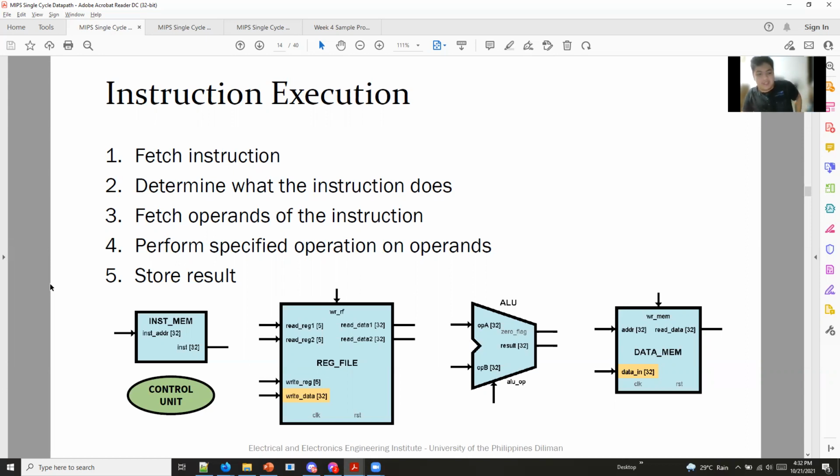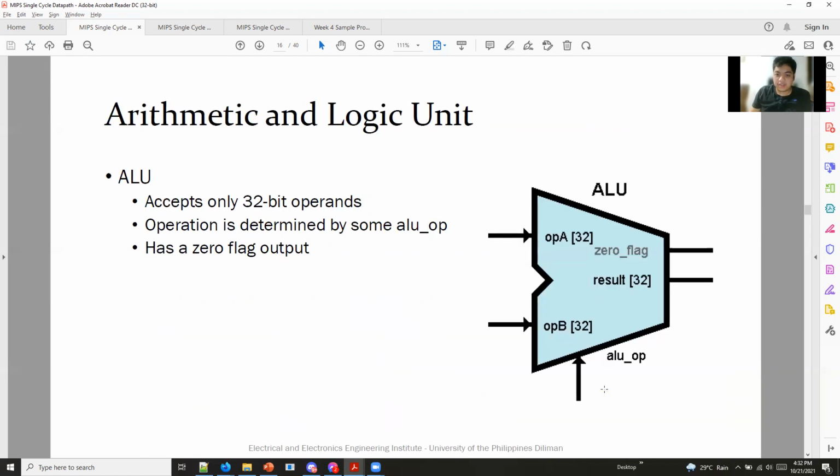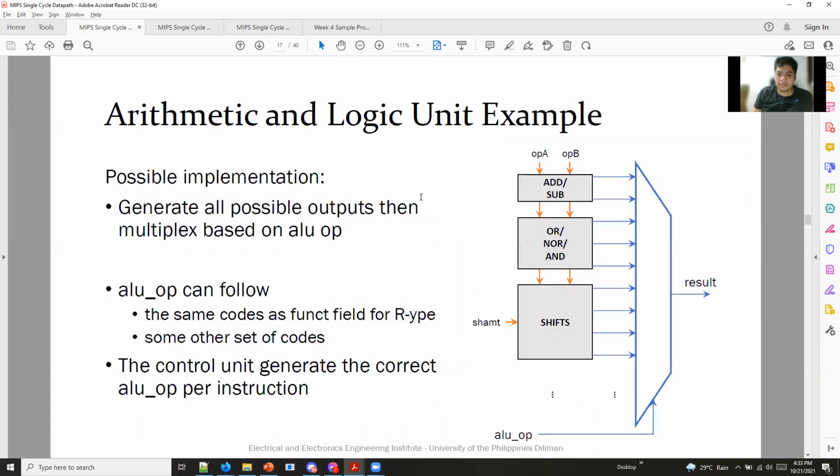What's next here is instruction memory, laman ng instructions, register files, yung ating registers. ALU, arithmetic and logic unit, so siya yung gumagawa ng actual na addition, subtraction, or yung shift.